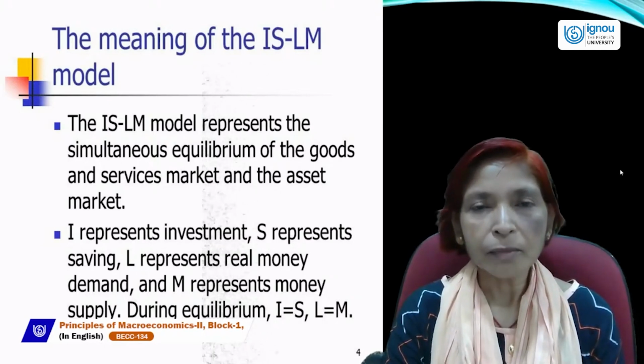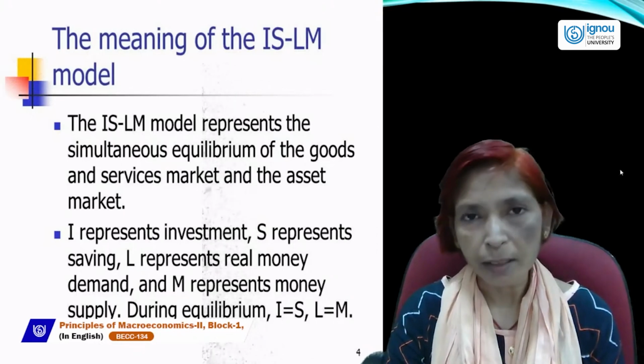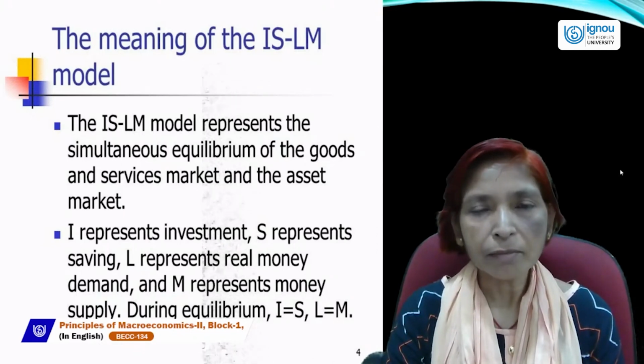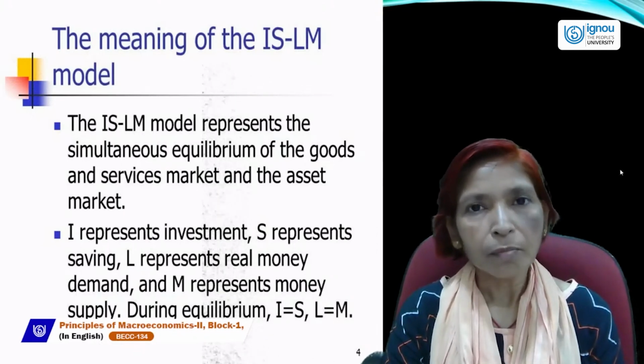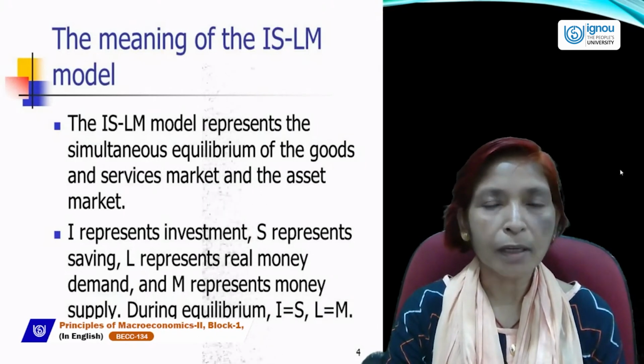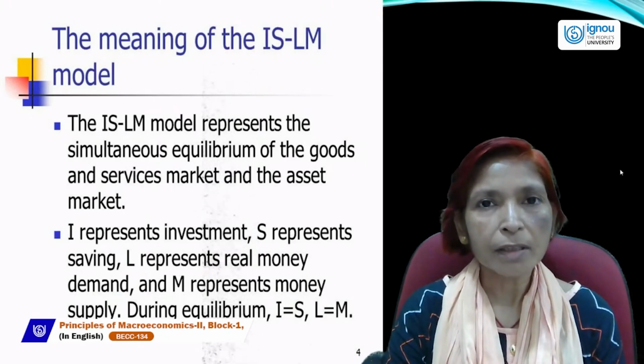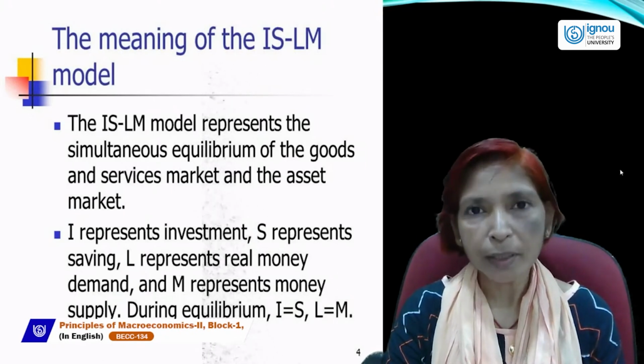Because in LM, we include money demand and money supply. That's why LM is related to the money market. And IS shows investment and saving, which is related to producers and consumers.